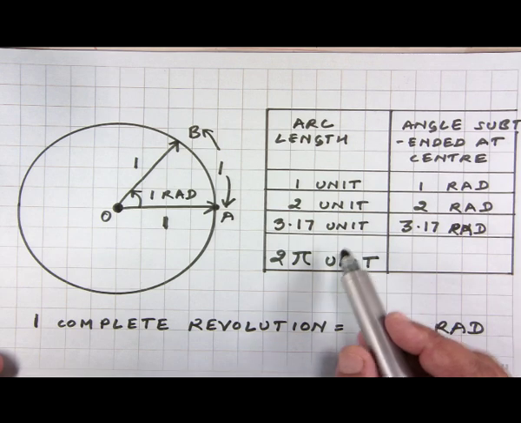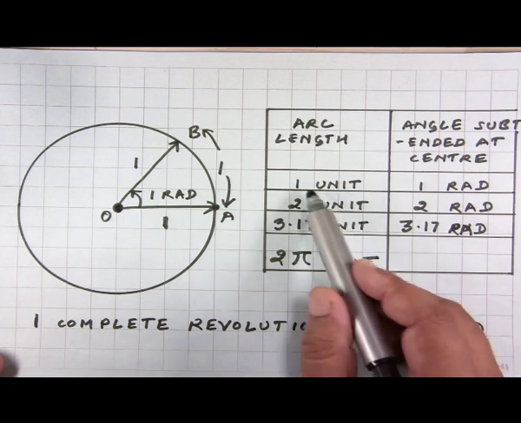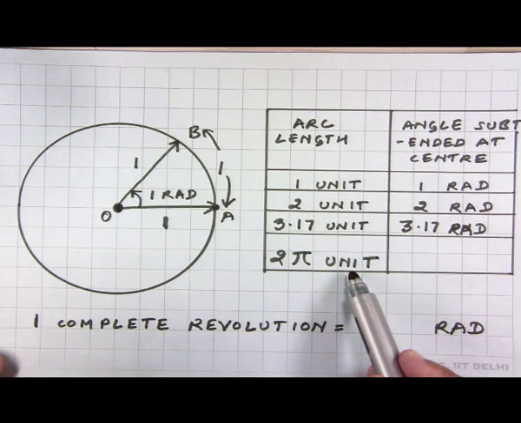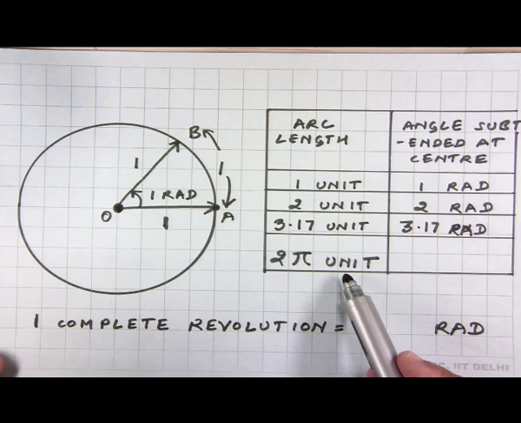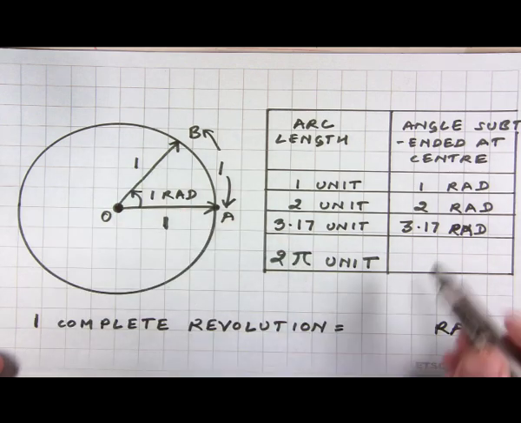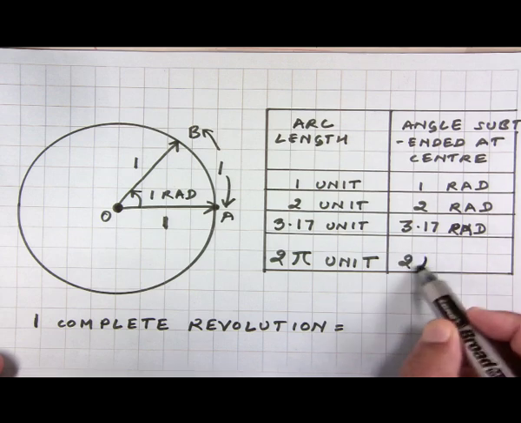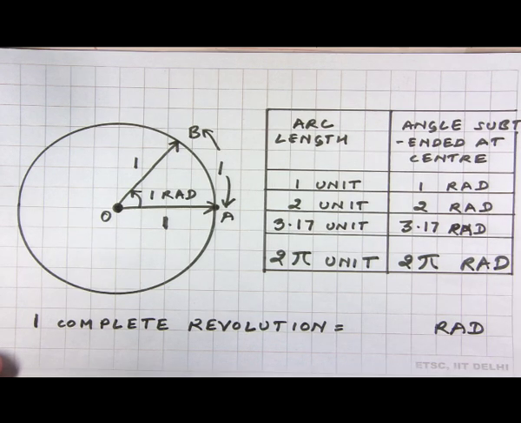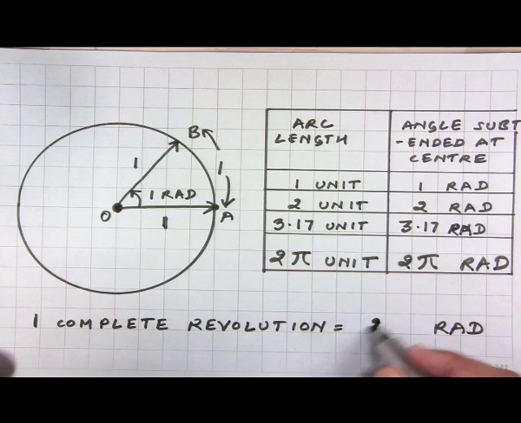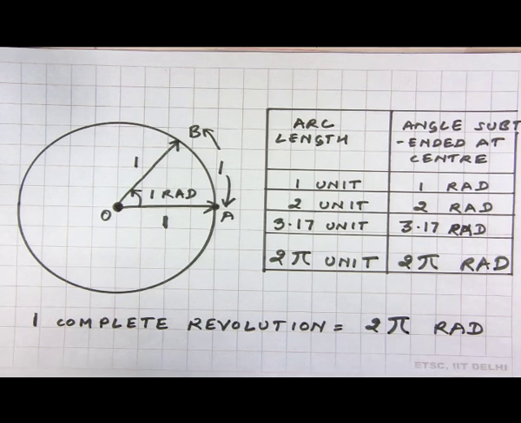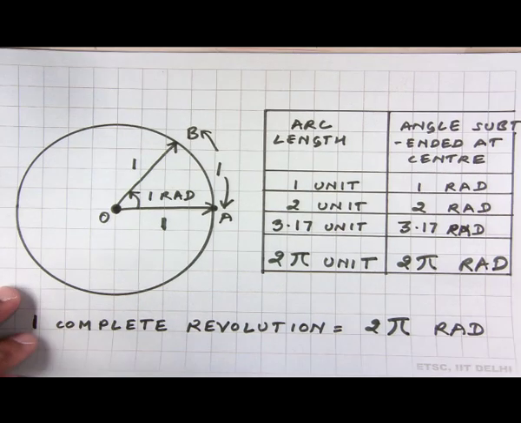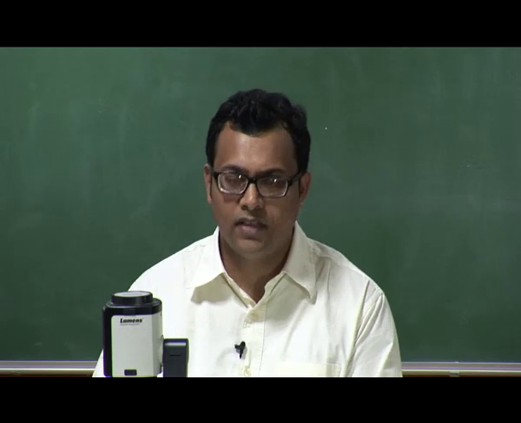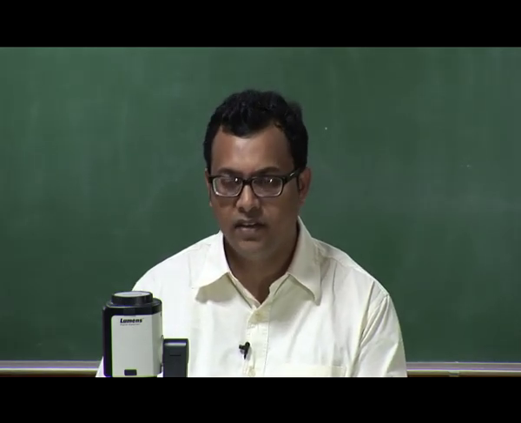Then by going by that, if the arc length increases from 1 unit to 2 pi units, then it should be clear that the angle subtended at the center by this complete revolution should be equal to 2 pi radians, and therefore, this shows that one complete revolution is equal to 2 pi radians. So, this is something to be remembered, that one complete revolution is equal to 2 pi radians.